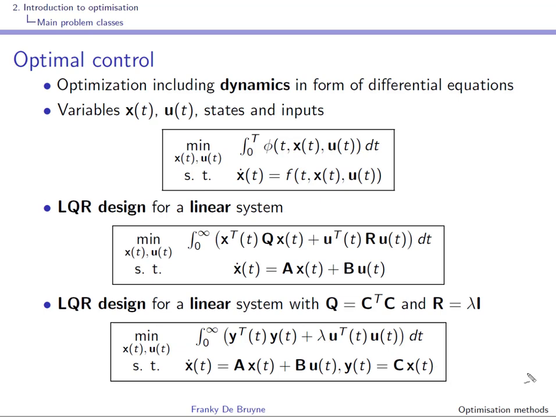In the course of state space control, we have introduced this LQR design for both continuous time systems, this is the case over here, but also for discrete time systems, but we only have used an infinite horizon because it leads to an LQR controller that is time invariant.